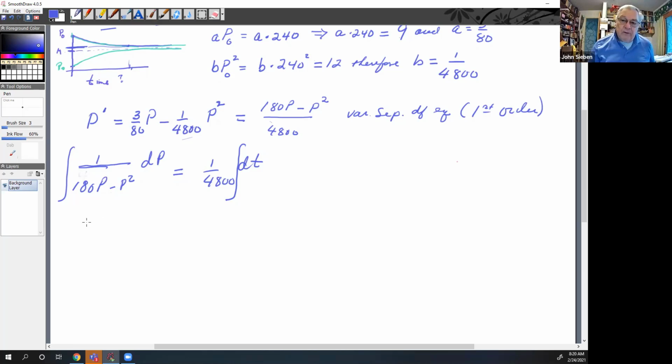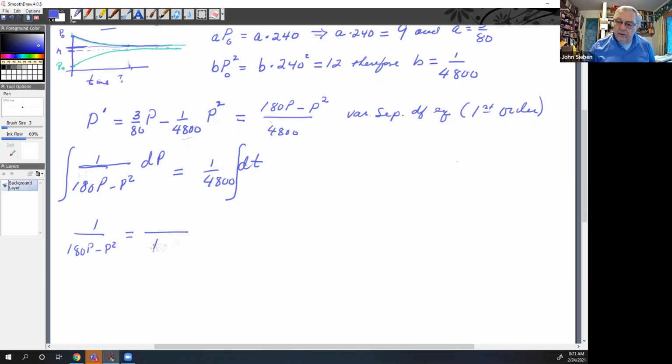More specifically, what I'd want to do would be to take 1 over 180 P minus P squared, and I want to write that. Now I'm going to have to factor this denominator, but the factoring is not hard. In this case, 180 P, and then 1 minus P would be what would be left, right? Or not 1 minus P, but there's nothing wrong with writing that.